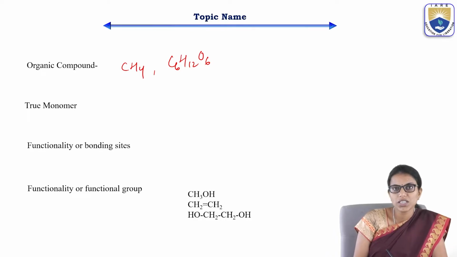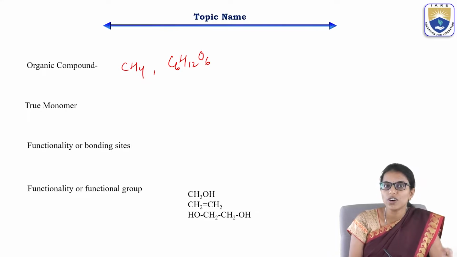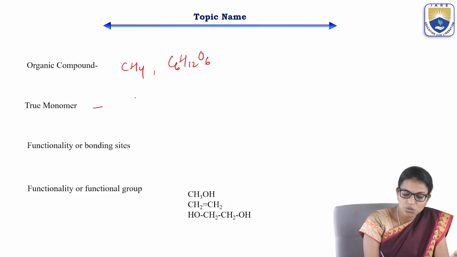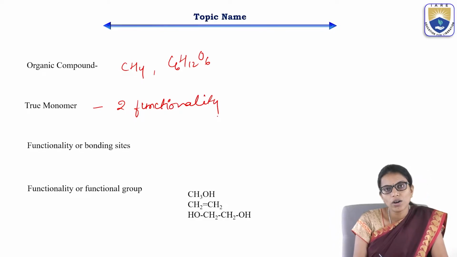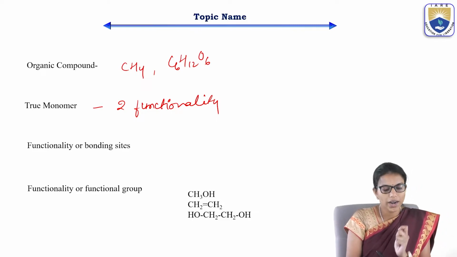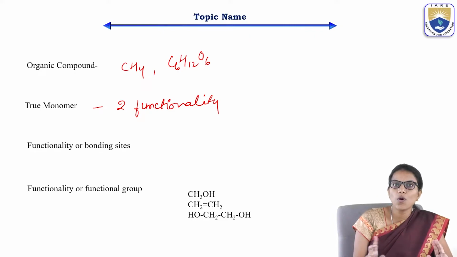A true monomer means it should contain at least two functionalities. Functionality means bonding sites, so the molecule should contain at least two bonding sites.